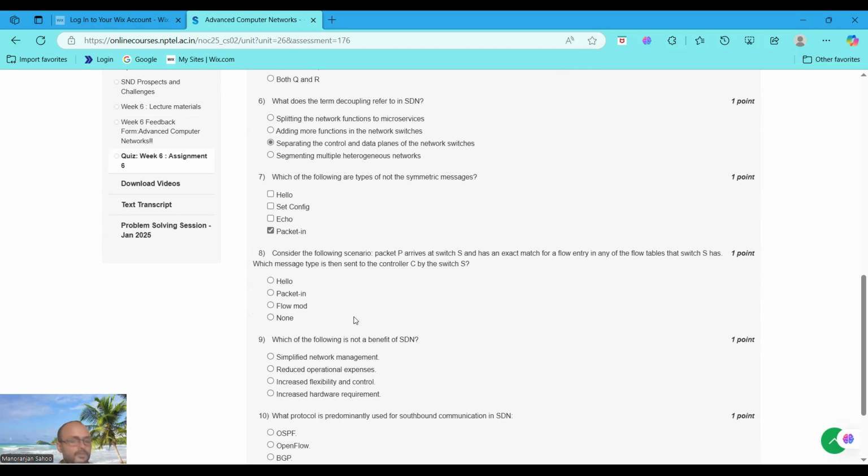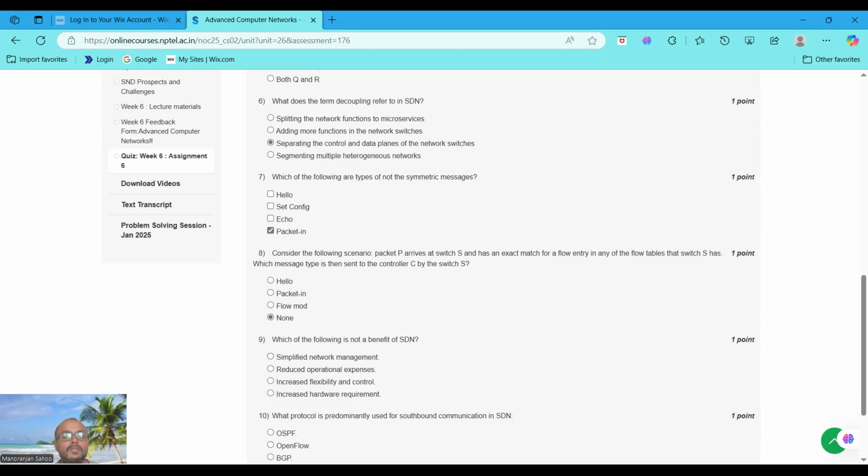Question number 8. Consider the following scenario. Packet P arrives at a switch S and has an exact match for a flow entry in any of the flow tables that the switch S has. Which message type is then sent to the controller C by the switch? We choose none. Why?